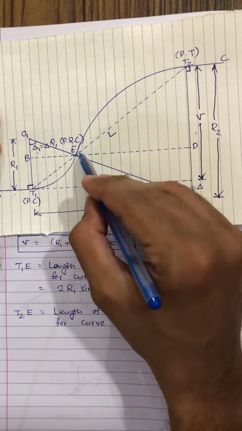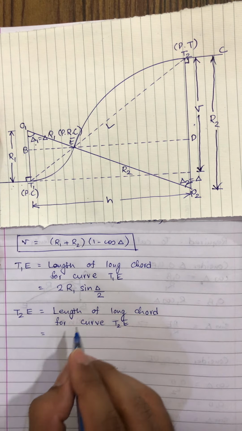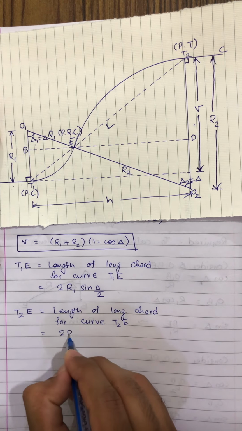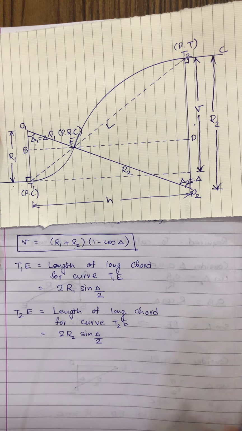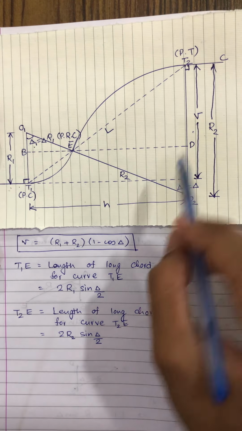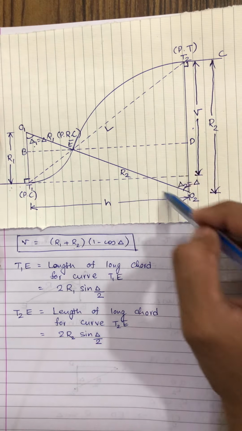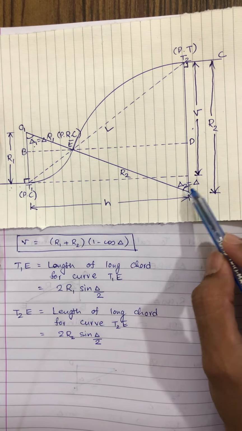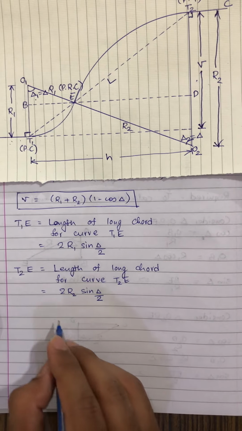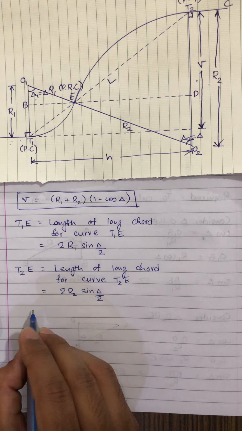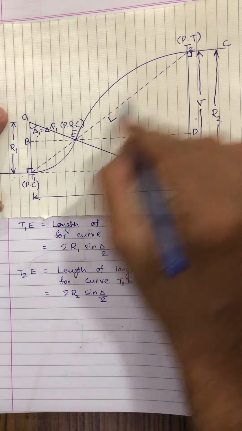The formula for length of long chord will be given as 2R2 sine delta by 2, because here R2 is the radius of this curve and delta is the central angle for this curve. So we can find out the length T1T2.